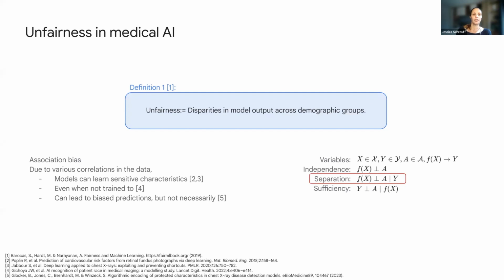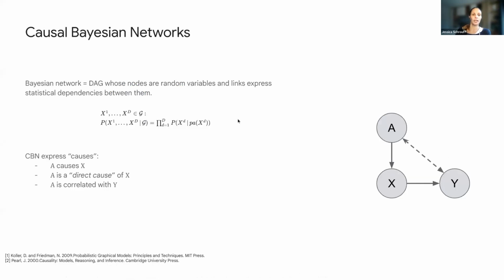If you have a set of nodes x1 to xd in the graph, then you can rewrite the joint distribution between x1 and xd as the product of the distribution of each xi given its parents. This is really useful in understanding which variables are actually influencing others.